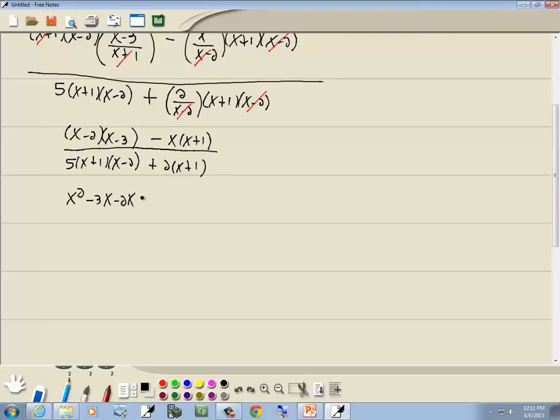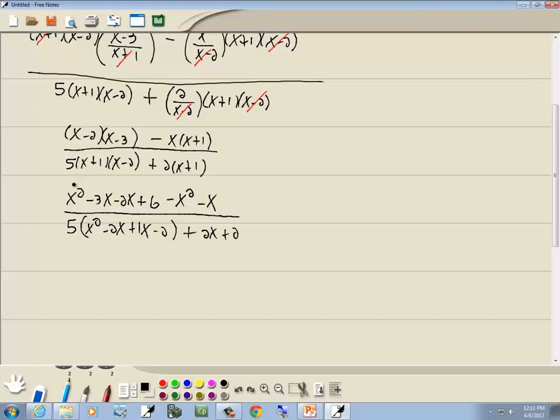Negative 2 times negative 3 is 6. And here we've got negative x times x. That gives us negative x squared. Negative x times 1 just gives us negative x. All over 5 times x is x squared. X times negative 2 is negative 2x. 1 times x is 1x. And 1 times negative 2 is negative 2. Plus 2 times x is 2x. 2 times 1 is 2.